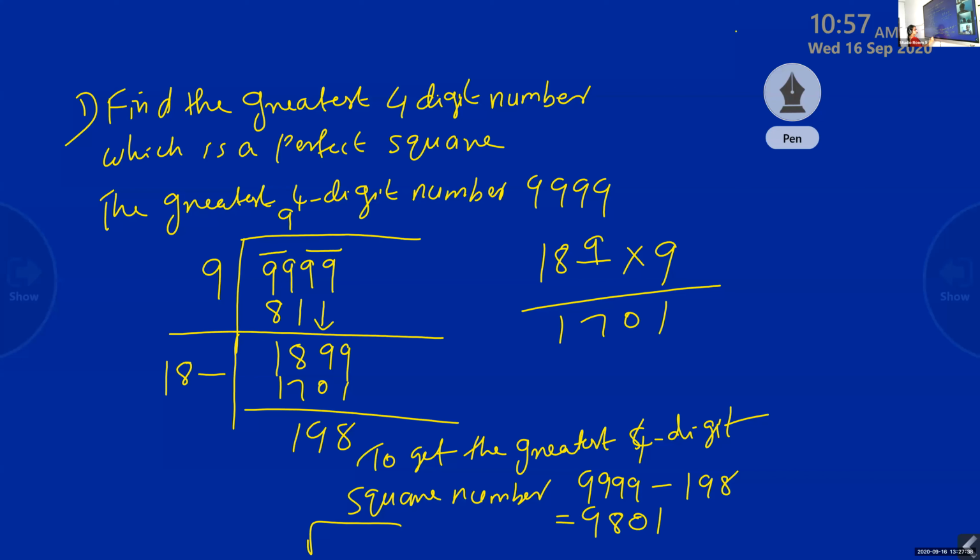The square root of 9,801 is 99. So 9,801 is the greatest four-digit square number. The number is 9,999, so the greatest four-digit square number is 9,801.